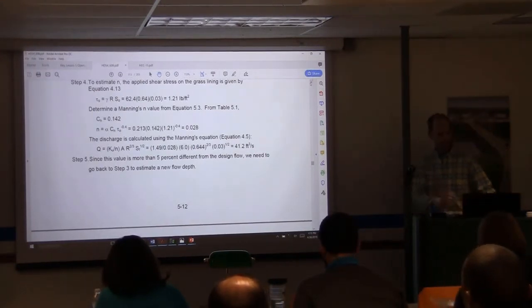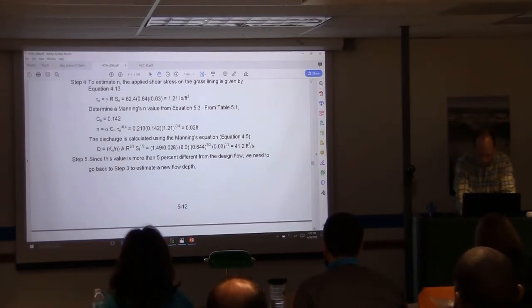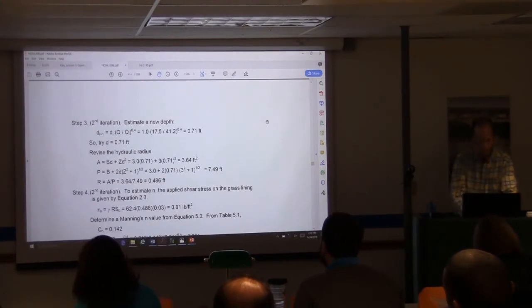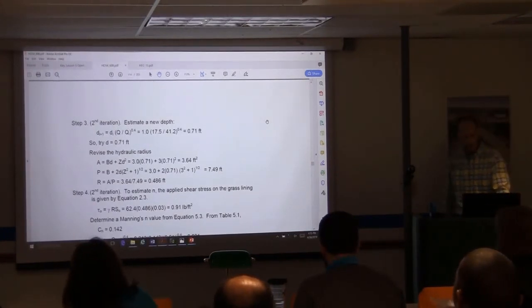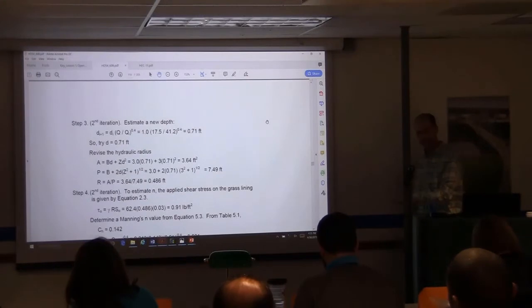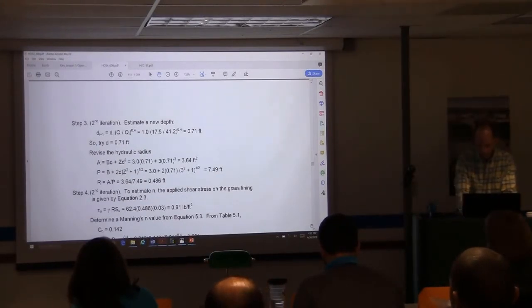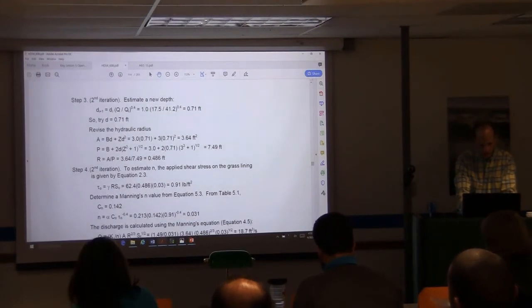So we have to choose a new flow depth, and it gives us an equation to try to hone in on the answer more quickly. We choose a new flow depth, we calculate new area, wetted perimeter, therefore hydraulic radius, and then generate a new Manning's roughness.